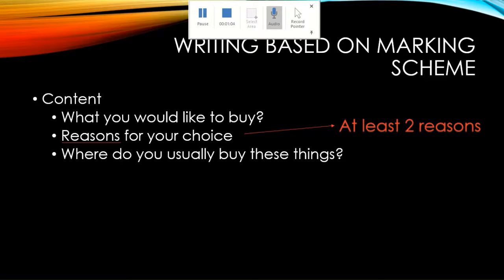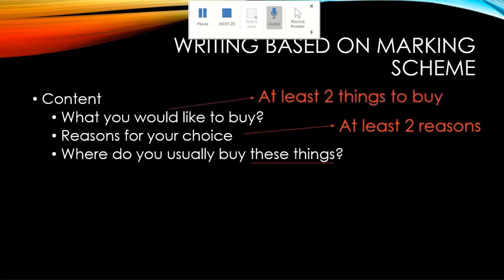If you only give one reason, you only partially answer the objective, and that's not good for your overall marks. Now, move on to these things. These things means that you should provide at least 2 things which you want to buy, or it can be a collective noun like furniture, drinks, and electronic devices.